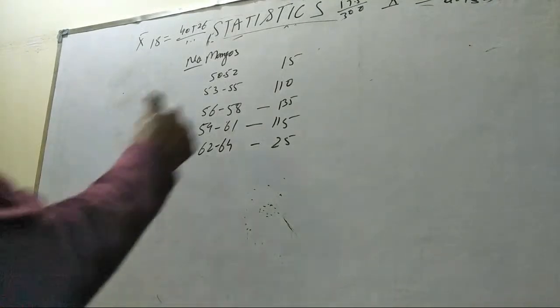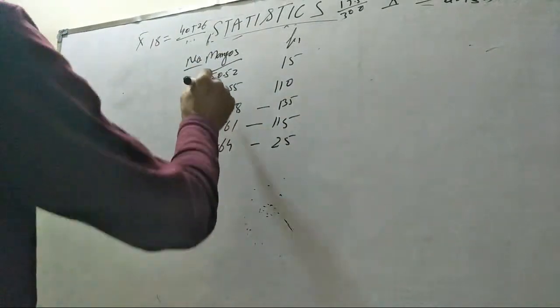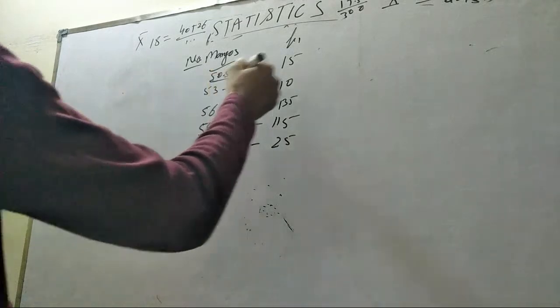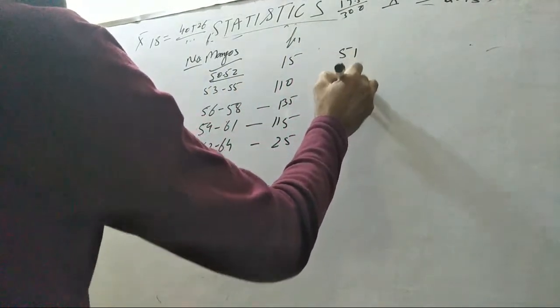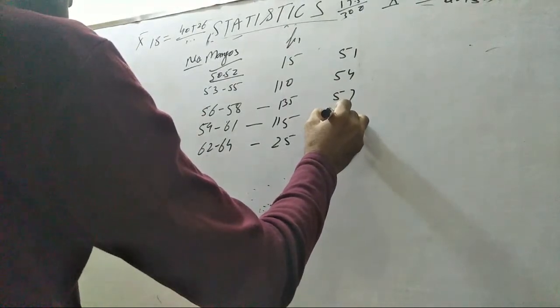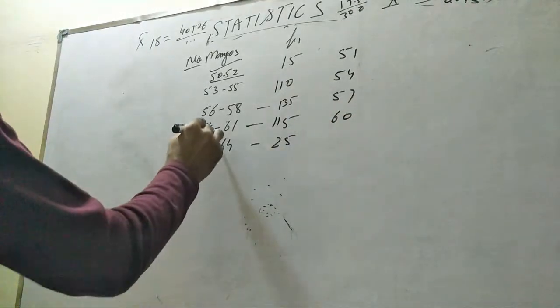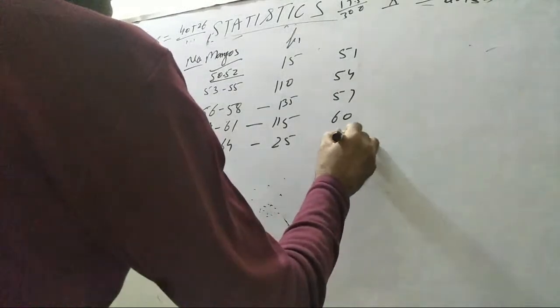This is frequency and this is data number of mangoes. Like mean of these mangoes निकाल लीजिए, इसका यानी कि upper limit and lower limit is equal to, this is equal to 51, 54, 57, 60, and this is 63.